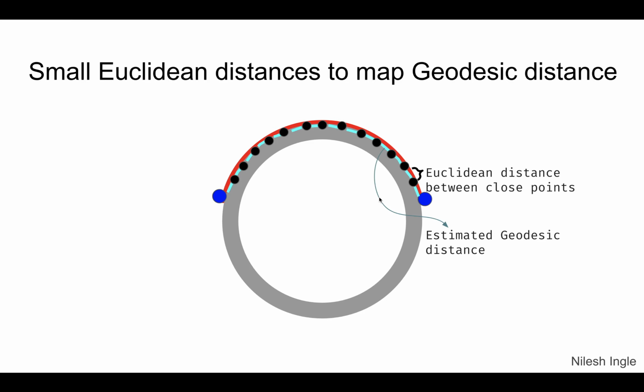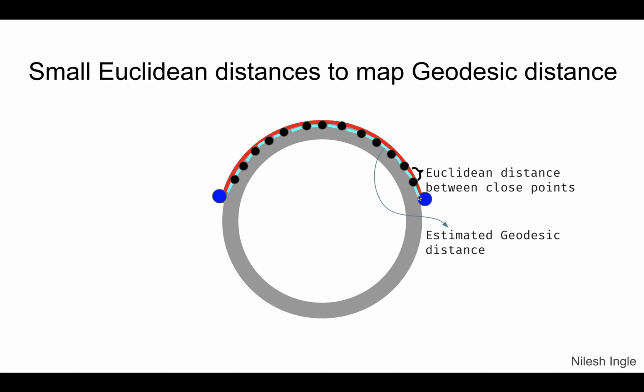So the idea then is, if we use Euclidean distance to kind of approximately get the value of a geodesic distance. So here, on the same figure, imagine there are these small cities, and there are a number of cities between these 2 blue cities.